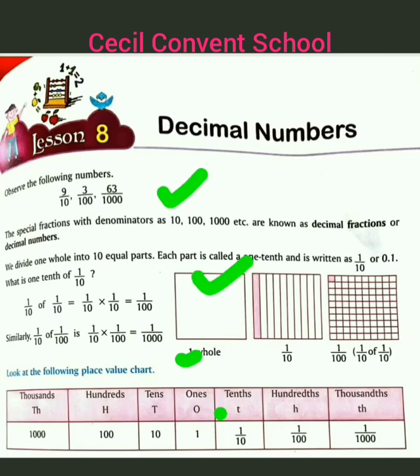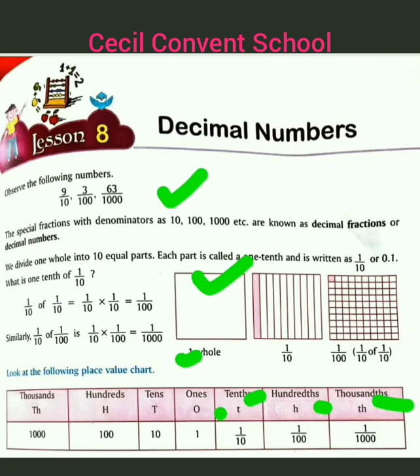When we write 10 down, we consider it tenths. Clear? Then comes hundredths, meaning when 10, 100, 1000 go in the denominator and we write it in fraction form, we consider it tenths, hundredths, thousandths.